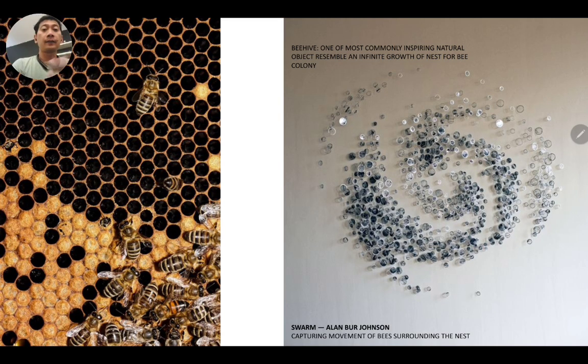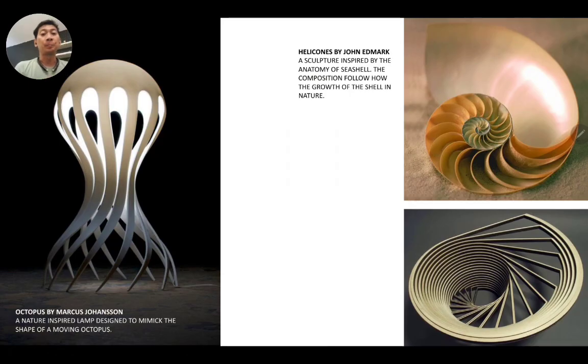So these are different examples, which are taken from an insect, a bee, right? So you can take the shape of the honeycomb beehive, or as Ellen Bird Johnson does, he tried to recreate and capture the movement instead of the commonly figured shape of a beehive, which is, in my opinion, quite interesting.